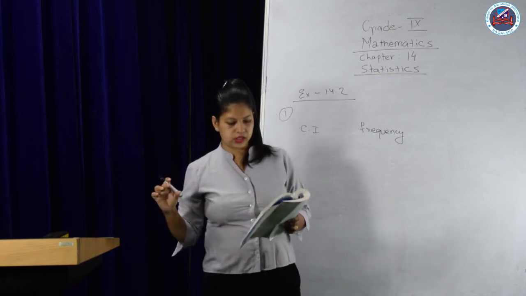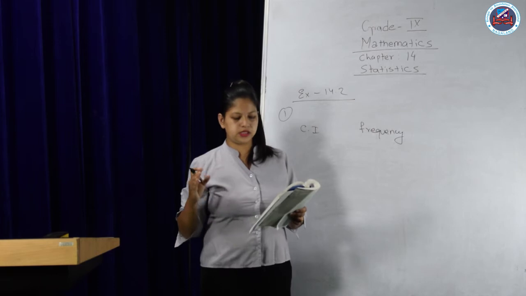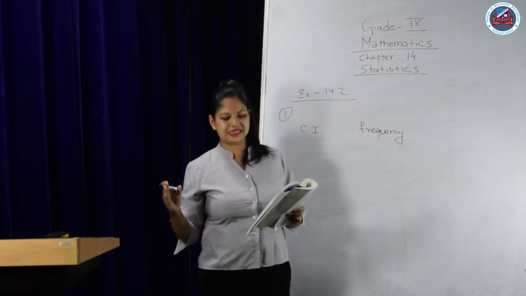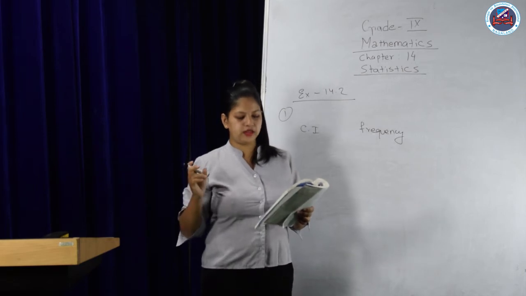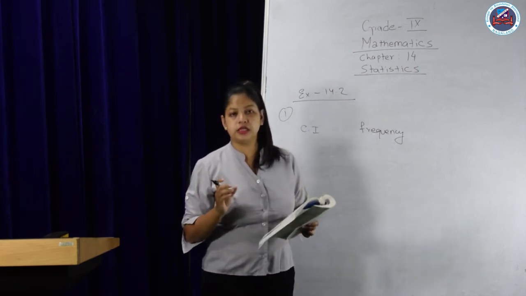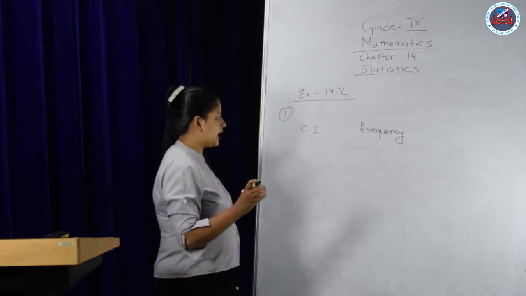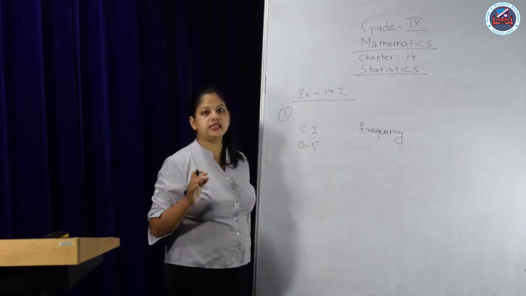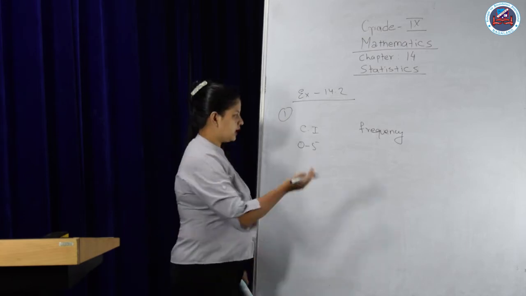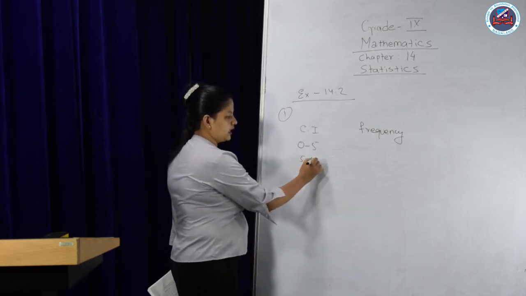Data is given out there. Construct a grouped frequency distribution table with class size 5 for the given data by taking the first interval 0 to 5. Now they are asking you to start your class interval from 0 to 5 and the size should be 5. So next obviously will be 5 to 10.